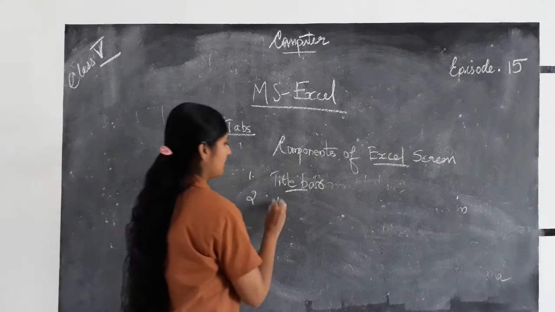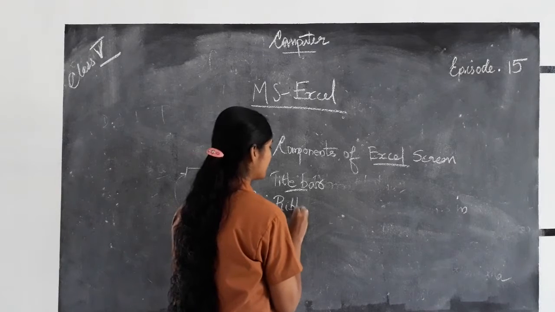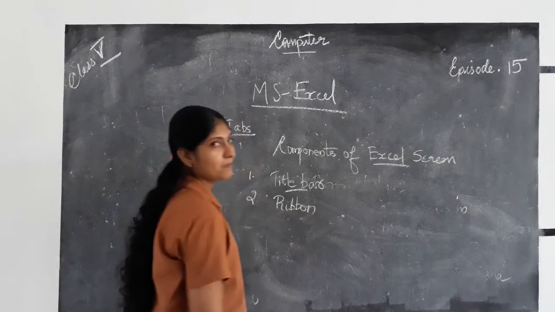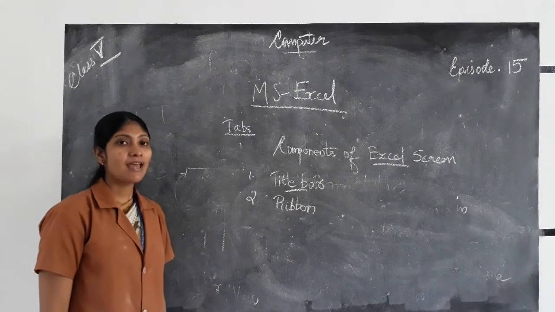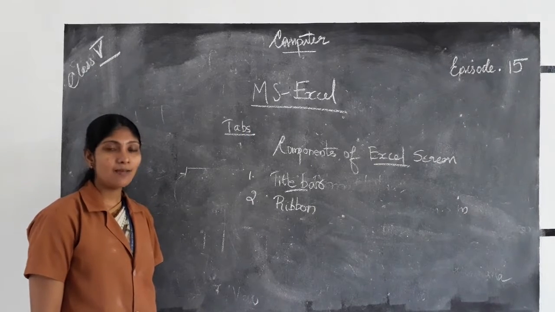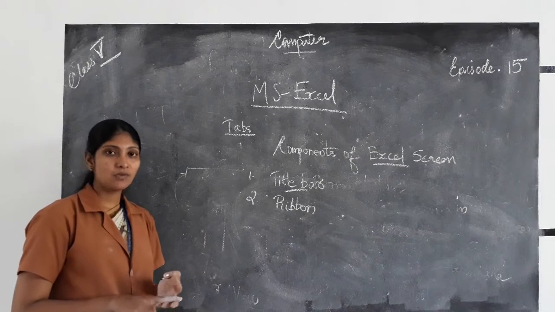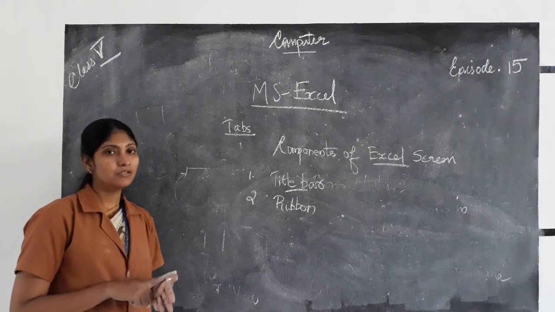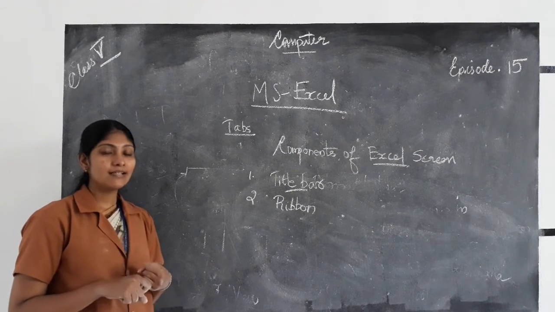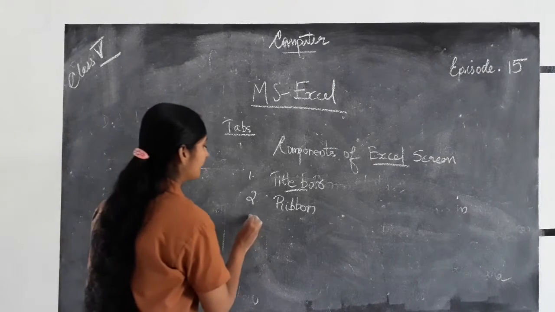Second one, ribbon. So what is ribbon? Ribbon is the central place for performing all operations, and it contains tabs. Which are the tabs? Home tab, insert tab, page layout tab, review tab, view tab, etc. And under each tab there are command buttons.